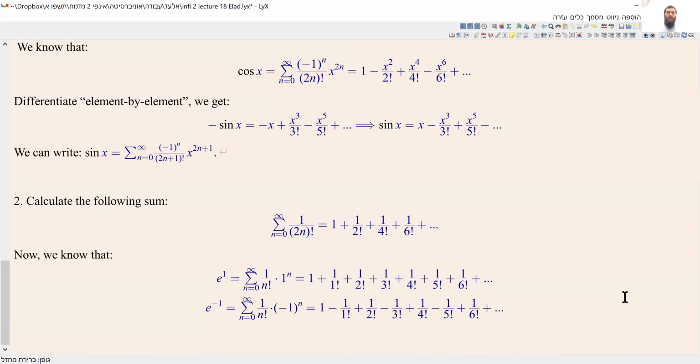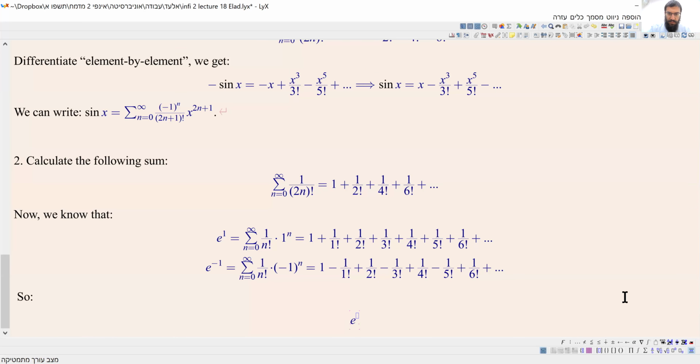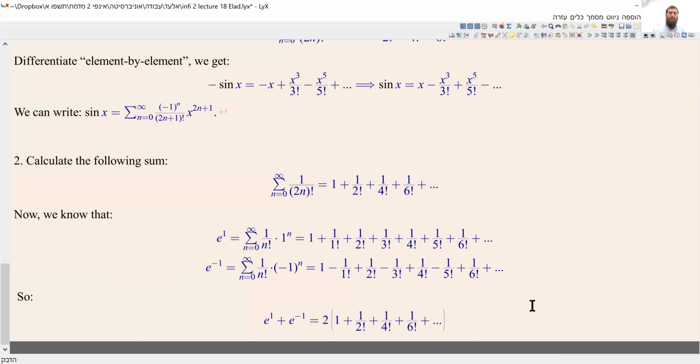And when we add them up, we get a nice little fancy tricky thing. It's not our sum, but it's 99% of it. It's 2 times the elements of the even indexes, and the elements of the odd indexes cancel each other.